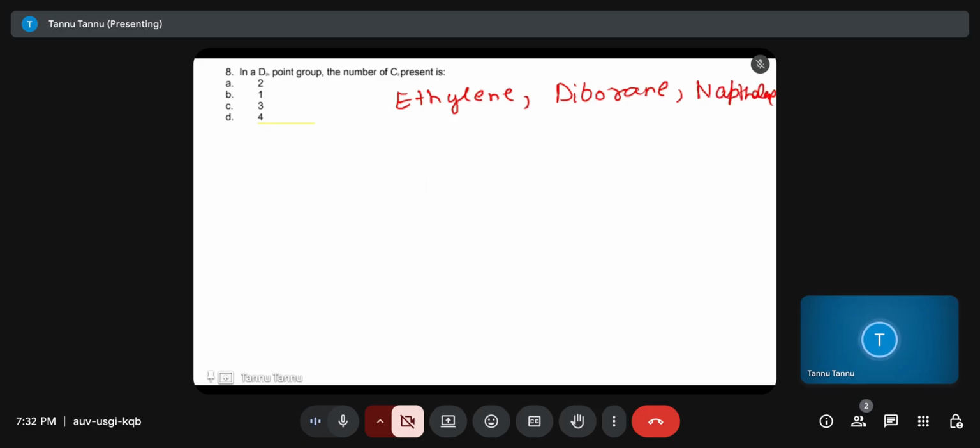So let's take the example of ethylene, C double bond C, H H. So you have to find out how many C2 axes are present.